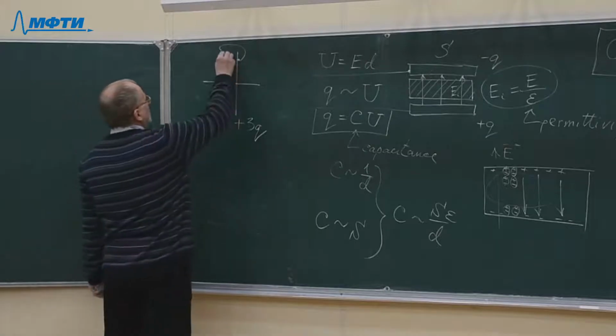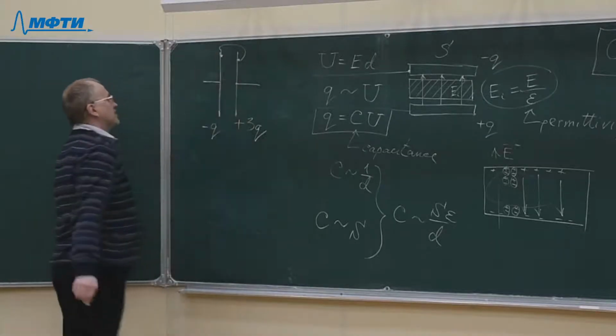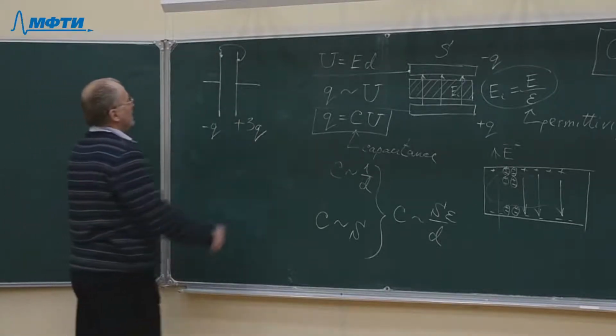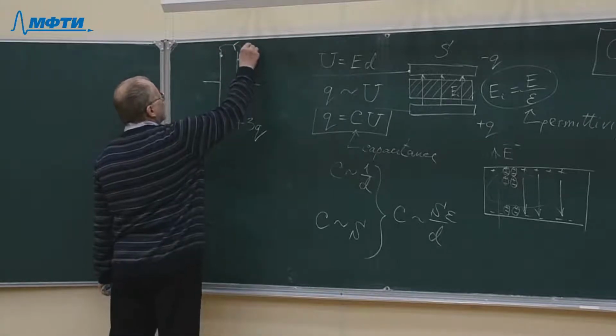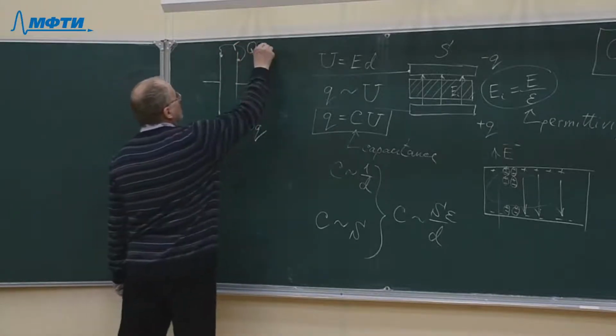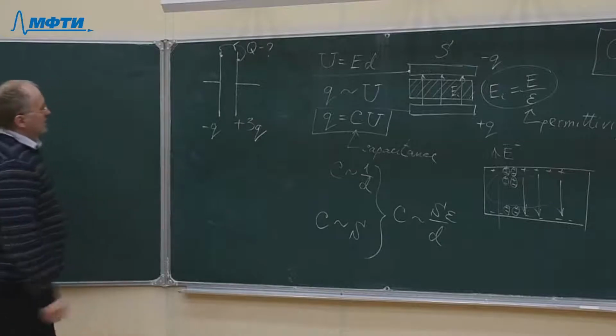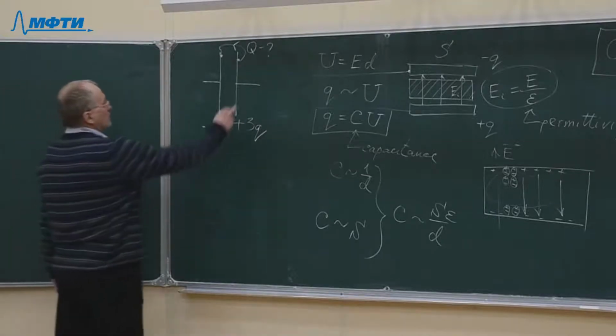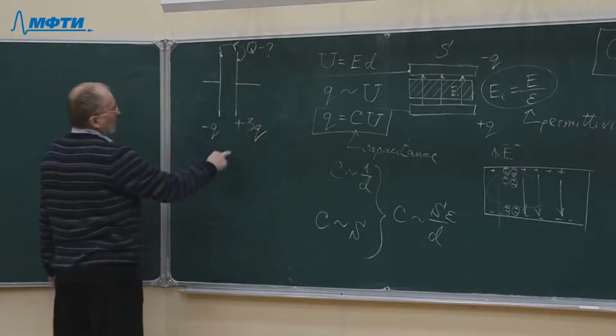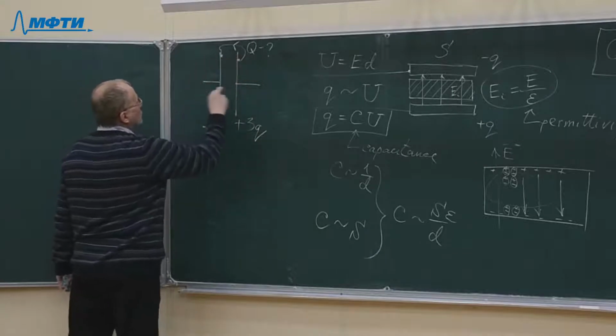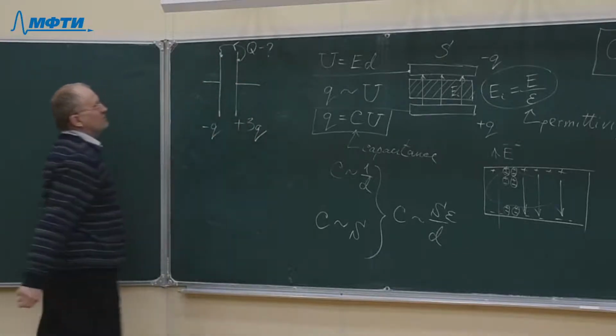Or in other words, if we short circuit the plates, then some charge will flow from one plate to another. We don't know what charge will flow, but it's easy to calculate it. This charge will flow until the two charges on both plates are equal.